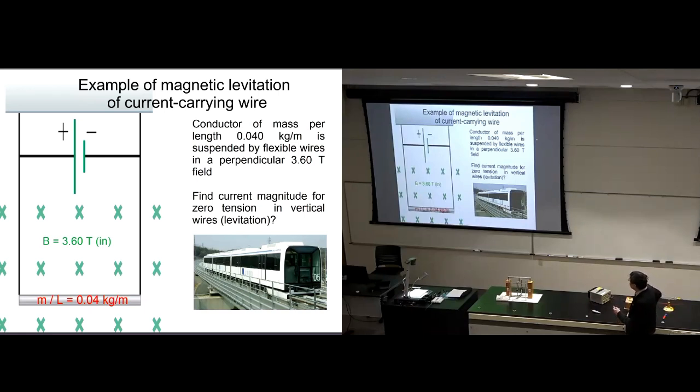Well, here is the mass per unit length. Here's the magnetic field that we're supporting the rod with, and we're asked to figure out what this current is that will perfectly levitate the rod in the magnetic field. So that's our task here.